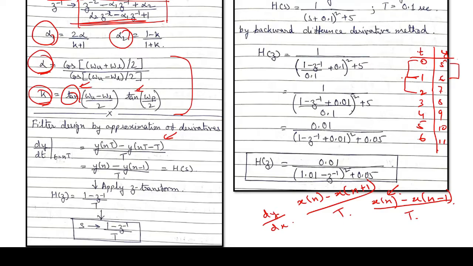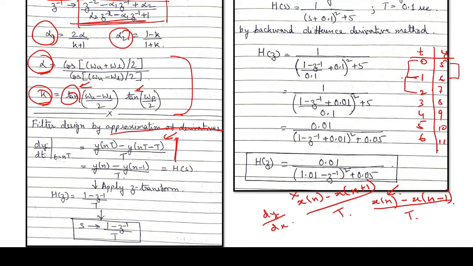So for digital filters, this forward differentiation method cannot be used. Hence, for filter design by approximation of derivatives, we use the equation of the backward differentiation method.